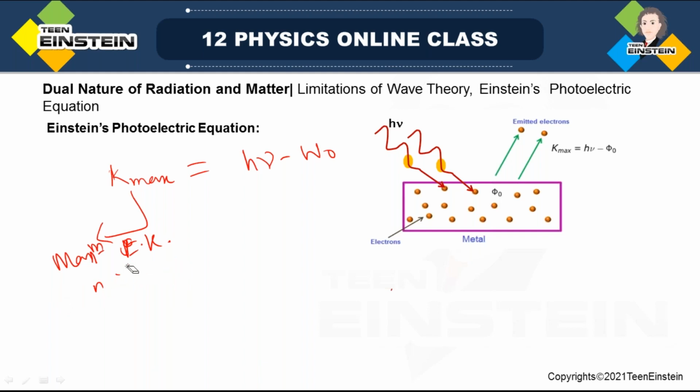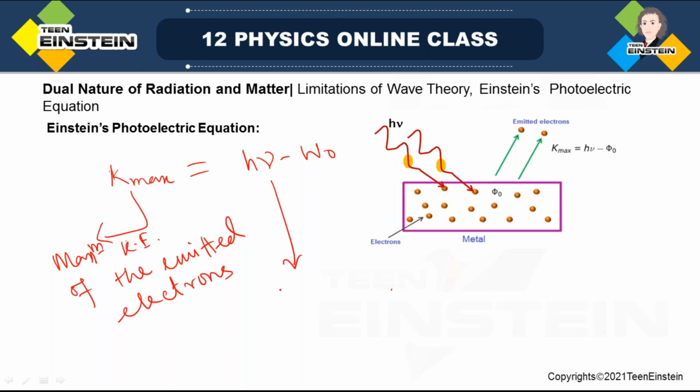Maximum kinetic energy of the emitted electron, and this is the energy of the incident photon, the energy of the incident radiation.